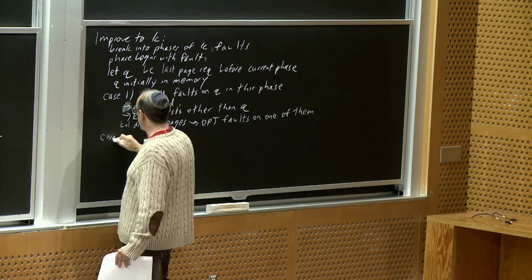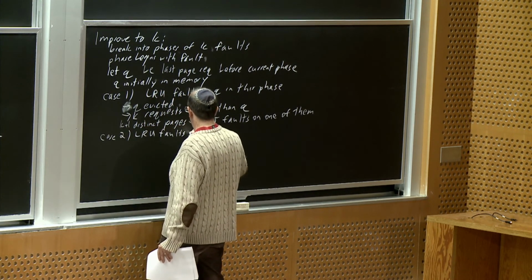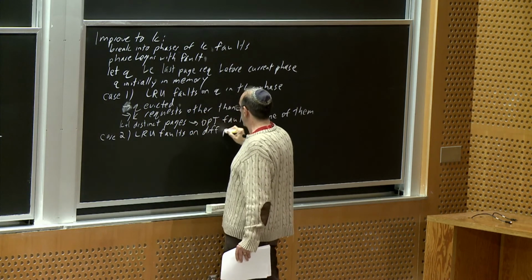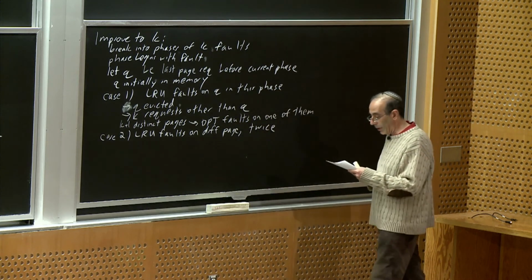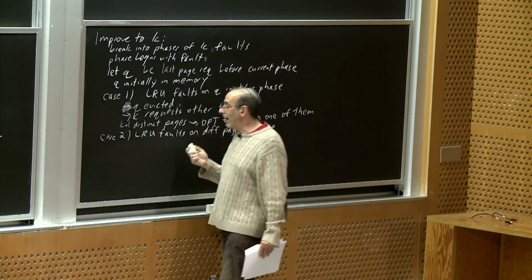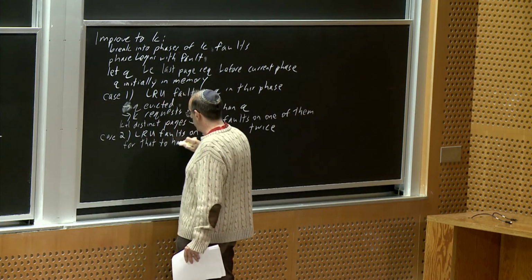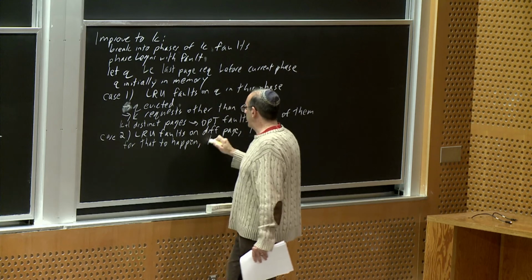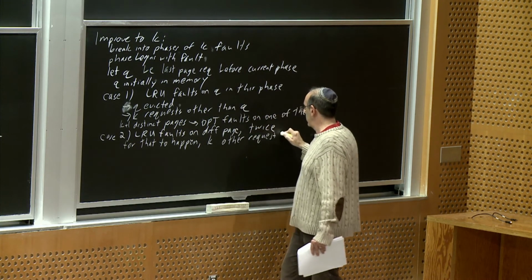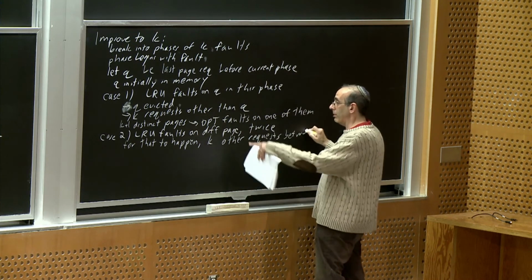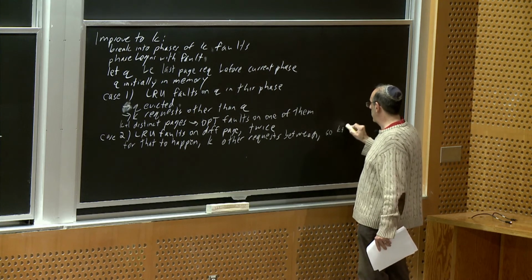Case two is that LRU faults on a different page, but it does so twice. Again, for that to happen, there must be K other requests between those two faults, so K plus 1 in total.